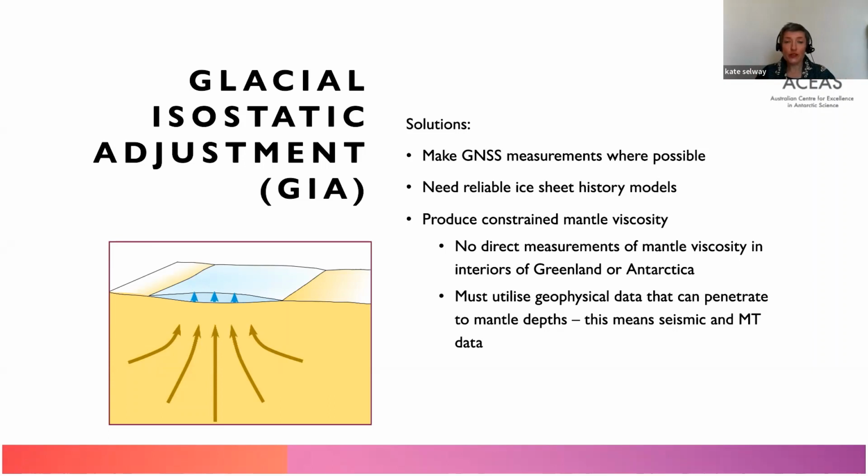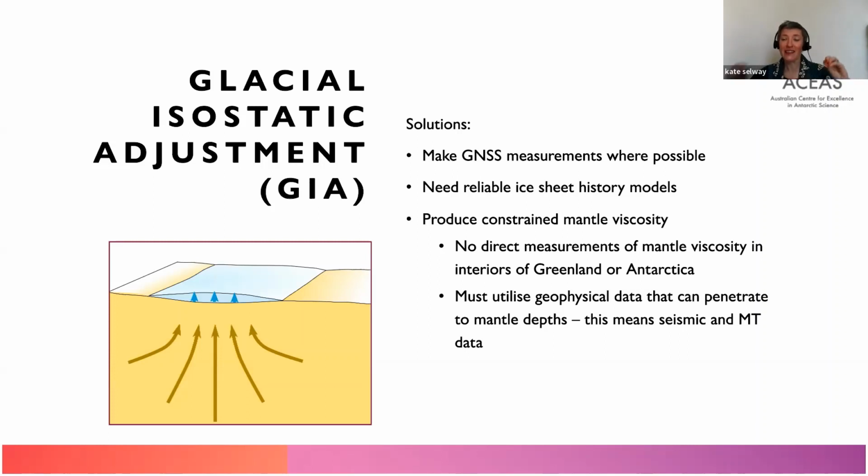And to produce the best models of mantle viscosity, again, this is not something that we can measure directly. So we need to use geophysical data, because so many things in the deep Earth are like being a detective on a crime scene where you don't have enough clues.